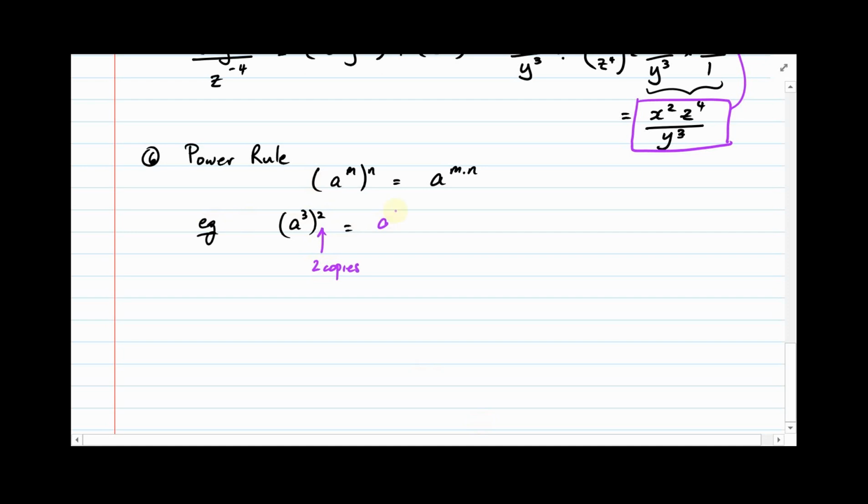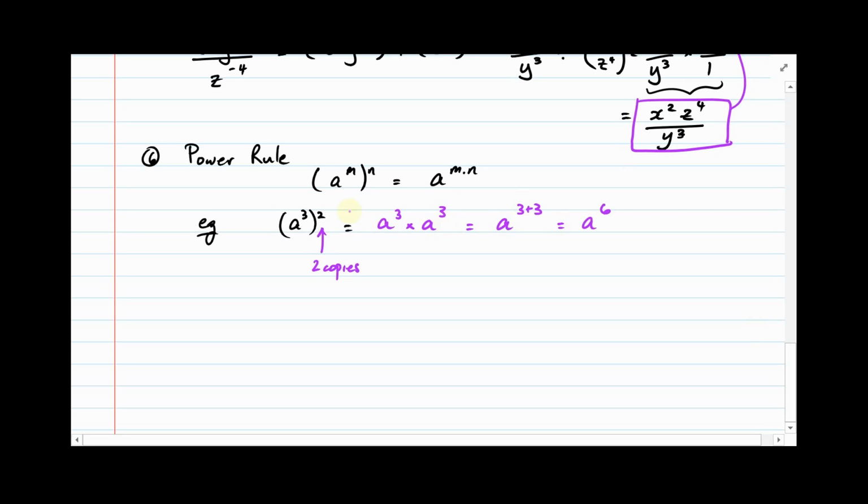So it would mean I have a cubed times a cubed, but then by either if I wrote this out from scratch, 3 copies of a times 3 copies of a, or using the product rule, I would now have 3 plus 3, 6. So I end up with a to the third all squared is a to the 6.